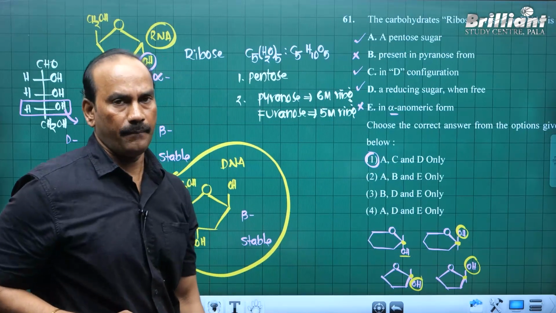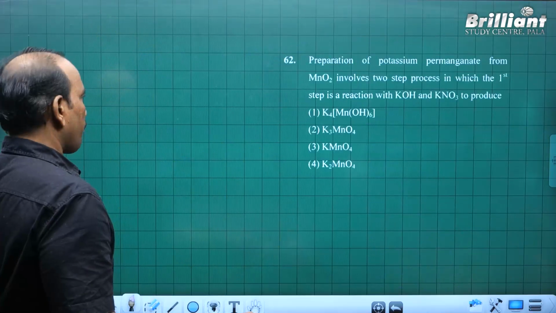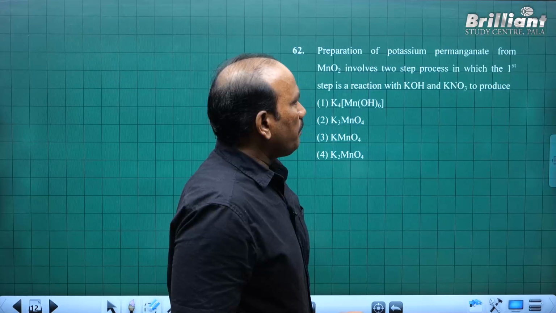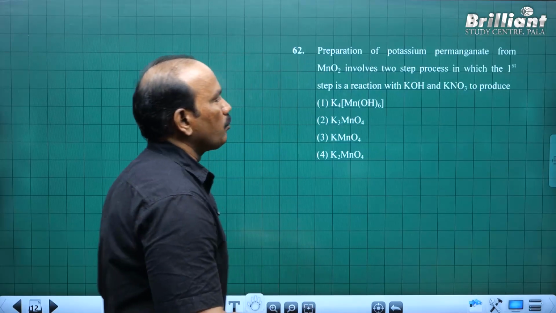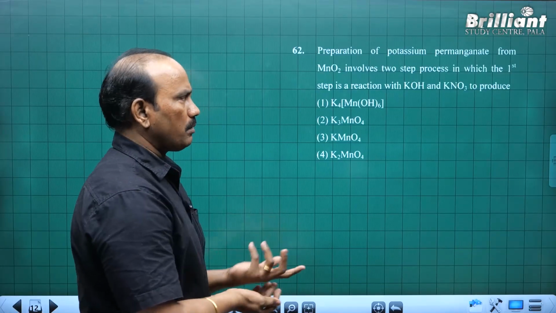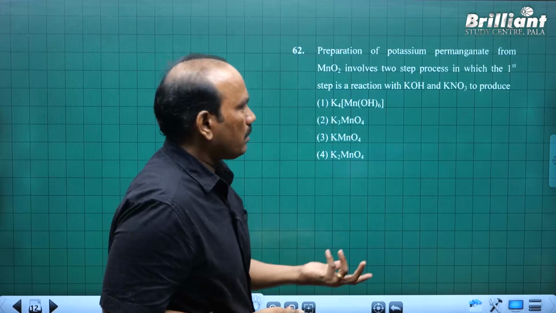Now, the preparation of potassium permanganate from MnO2 involves 2 steps. Everyone knows this regular concept.